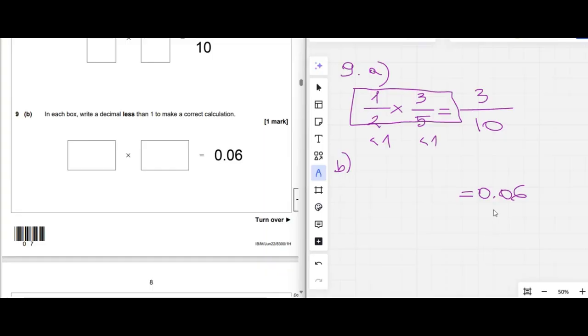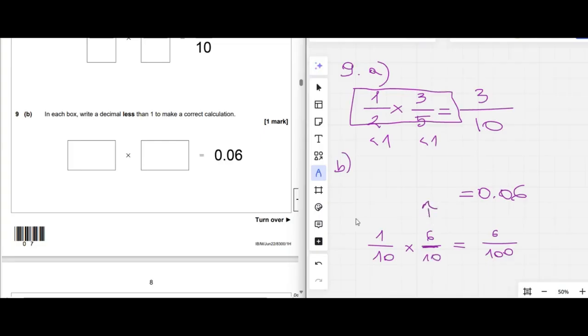We can change the decimal to a fraction just to ease the calculation, and we can try a similar method with, I don't know, 1/10. That seems easy. And what would be the other number? 6 times 10, 6/10. Yeah, 6/10.